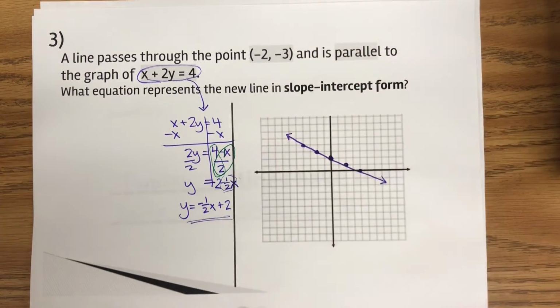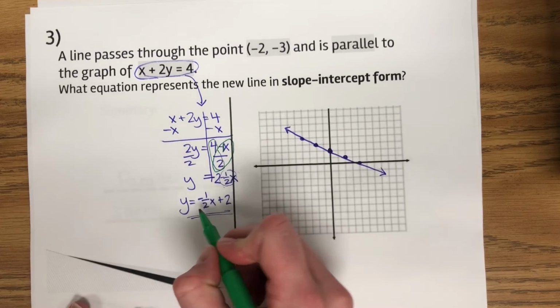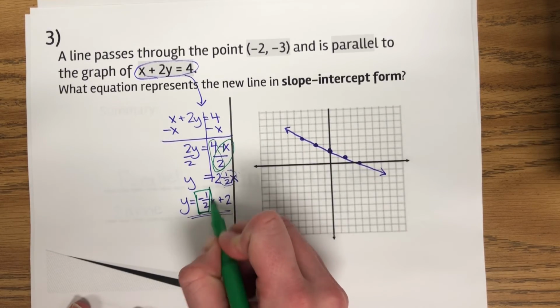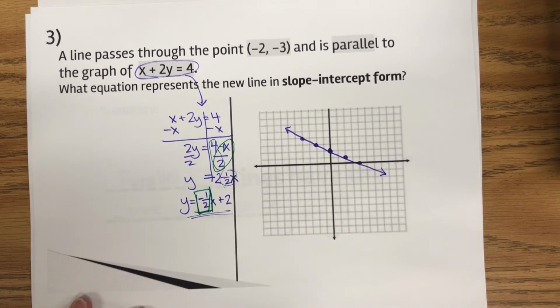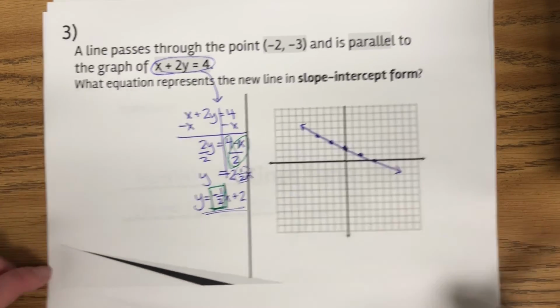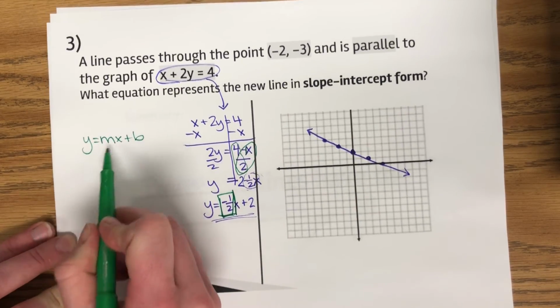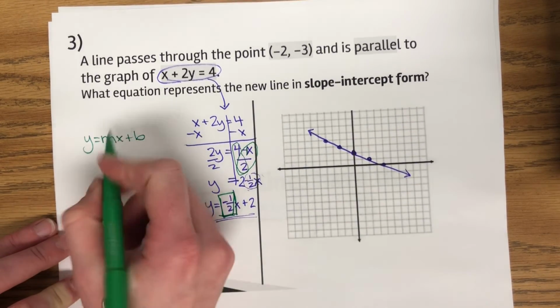And then we need to write the new line in slope-intercept form. So we're going to use that slope, that's the important part, is negative 1/2. And because we want slope-intercept form in the end, we can use y equals mx plus b. We can plug in our slope right away, which is negative 1/2.